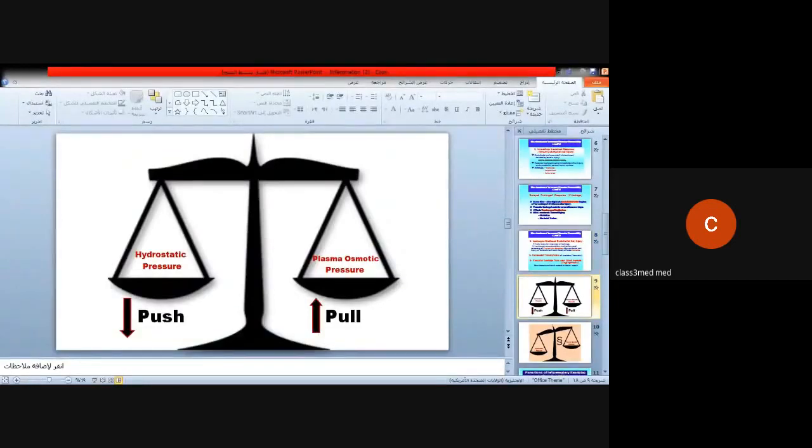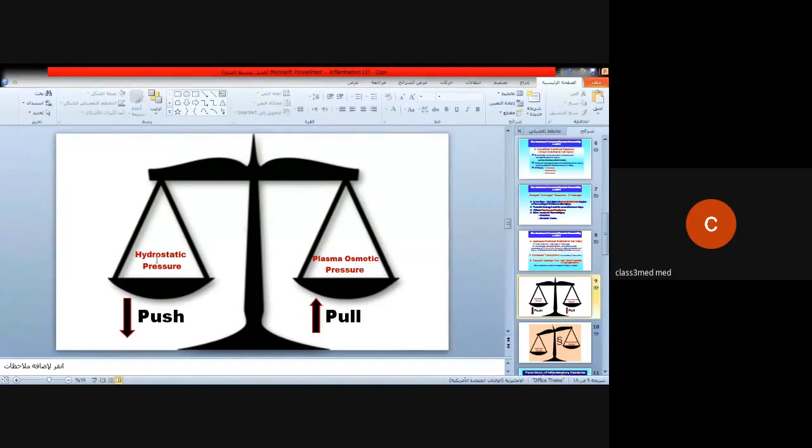Okay? So there are 2 opposing forces in the body which control the exchange of fluid across the wall of the blood vessels.